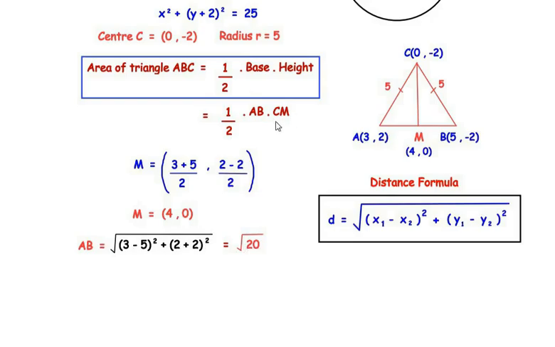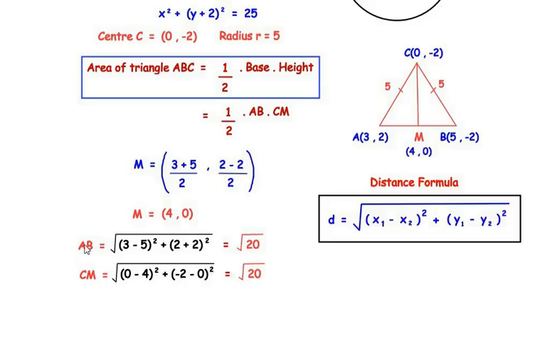Now let us find out the value of CM. So here I have considered the coordinates of C as x1, y1 and coordinates of M as 4, 0. So here we get CM is equal to square root of 0 minus 4 the whole square plus minus 2 minus 0 the whole square. So this is also going to give us square root of 20.